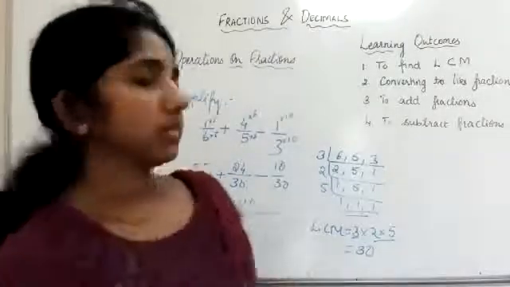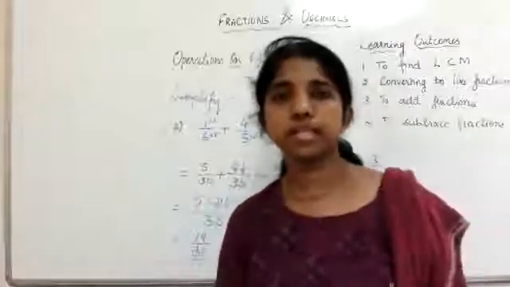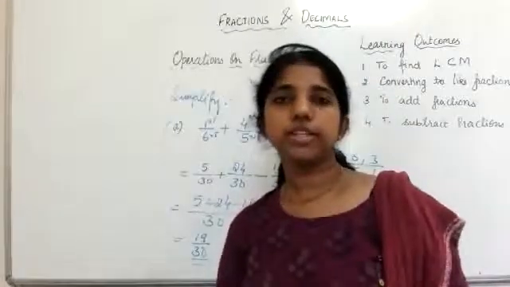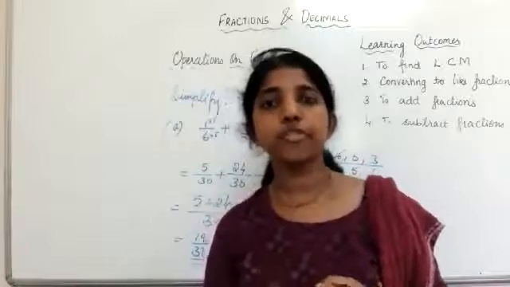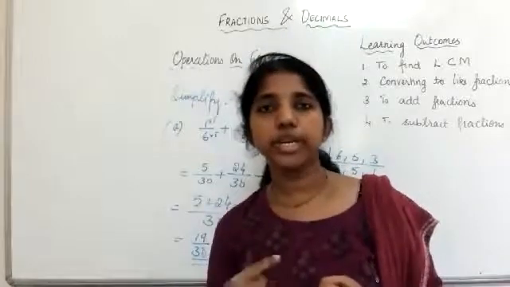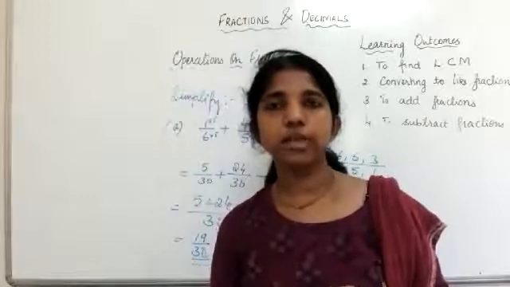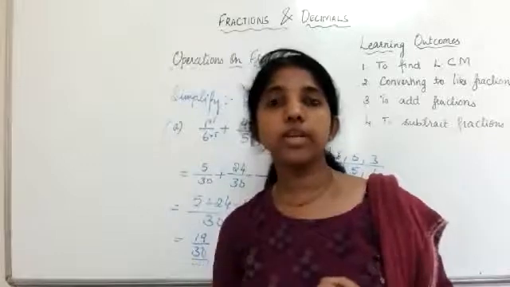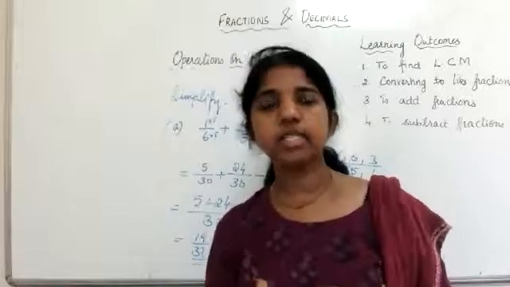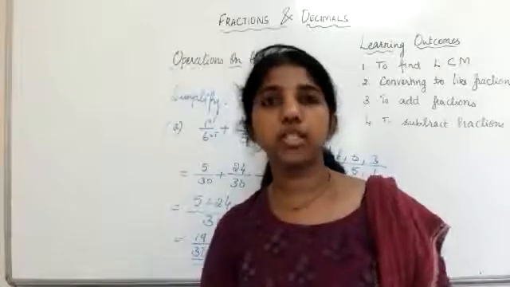So these are the concepts that we have learned today: addition and subtraction of fractions. While doing addition and subtraction of fractions, we first convert the given fractions to like fractions if they are not.